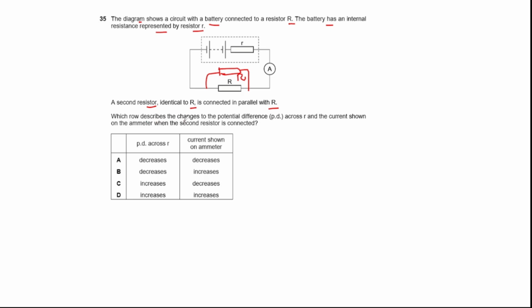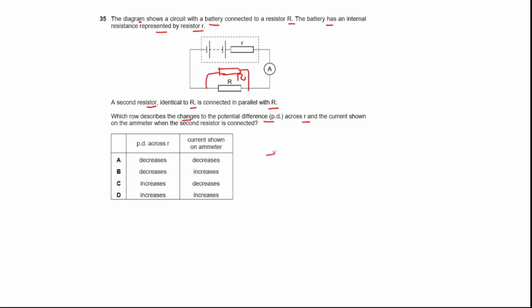Which row describes the changes to the potential difference across R and the current shown on the ammeter when the second resistor is connected? So you can see that the connection is in parallel.